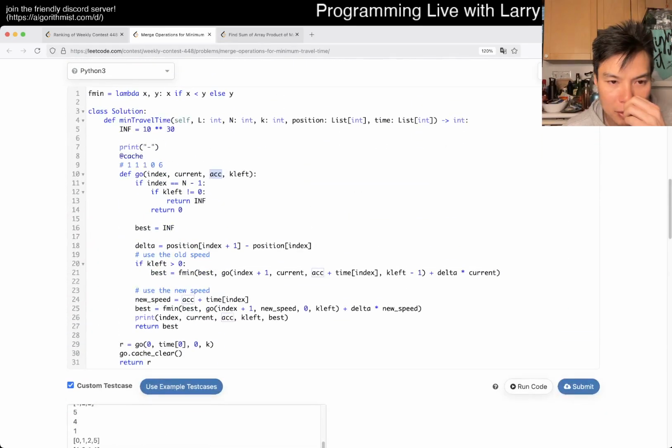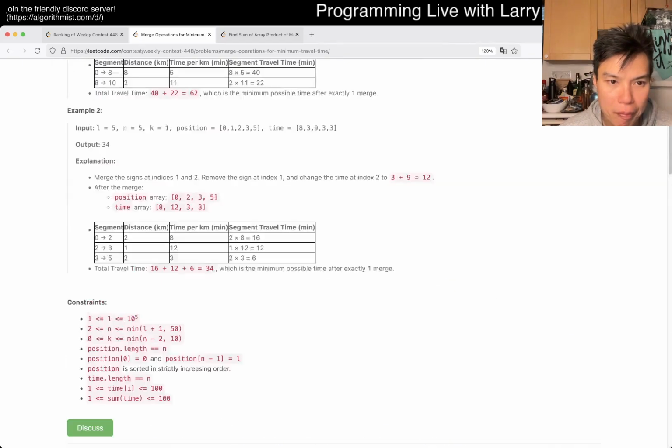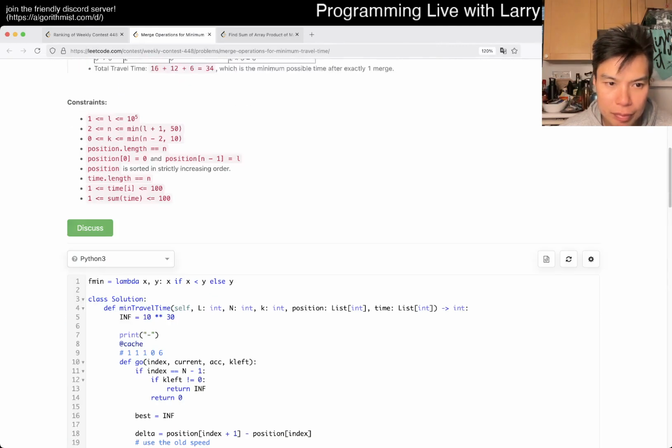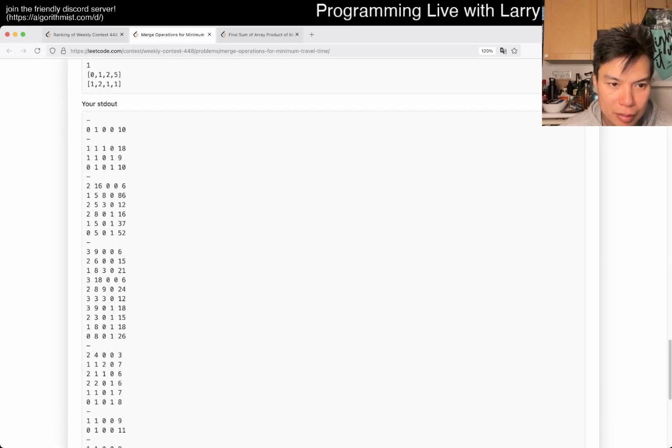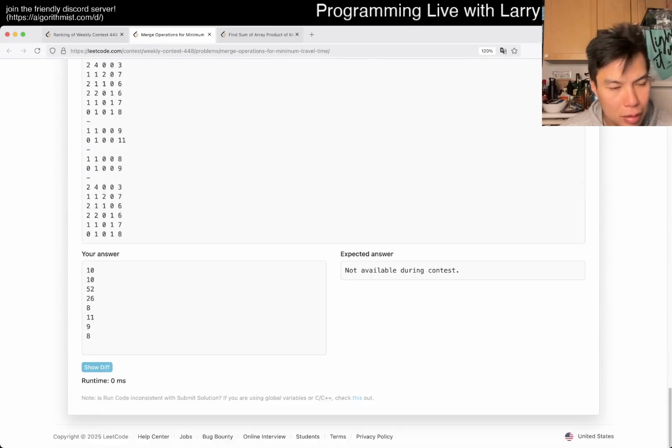No, this is not 1. This is okay. I mean, it's slightly better, but it's still wrong, clearly. And now the other stuff is wrong too. So, wait, is it? I mean, it is, but in the other way.